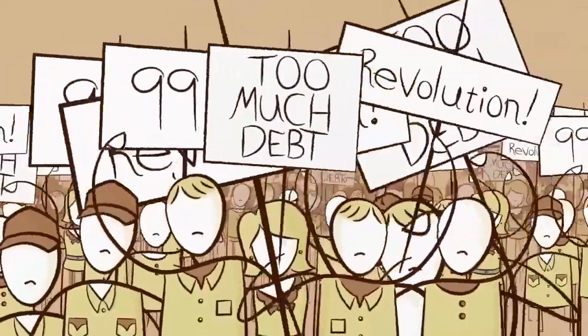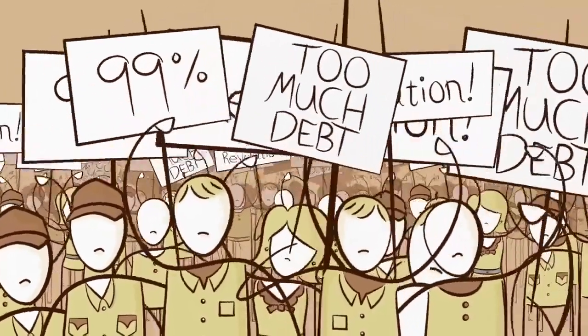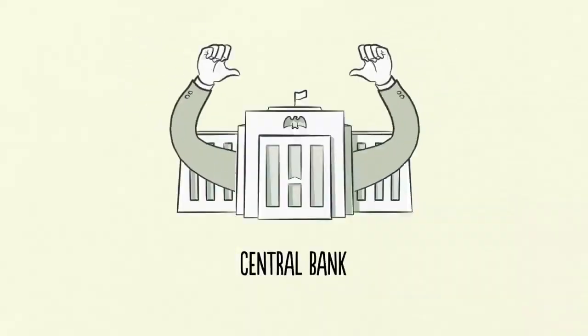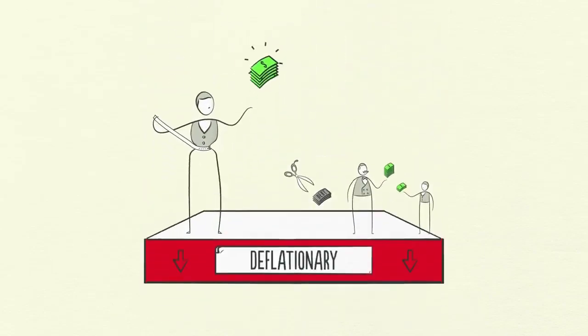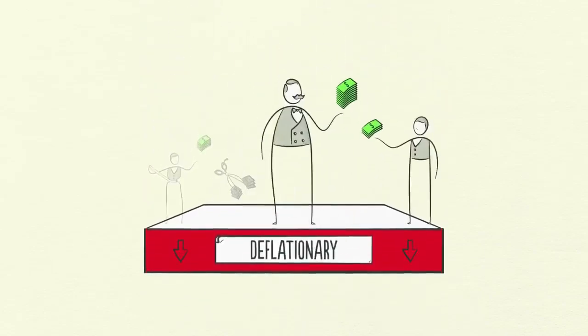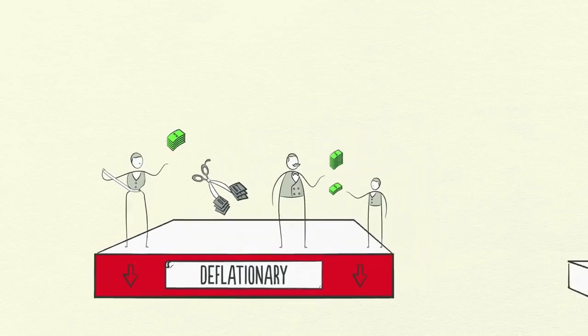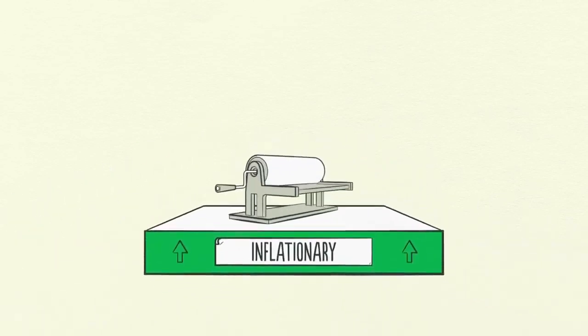People are desperate for money, and you remember who can print money? The central bank can. Having already lowered its interest rates to nearly zero, it's forced to print money. Unlike cutting spending, debt reduction, and wealth redistribution, printing money is inflationary and stimulative.